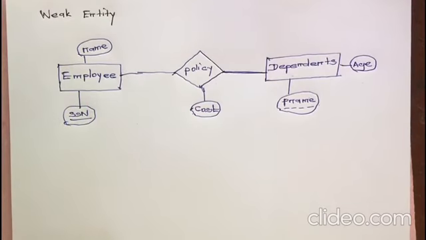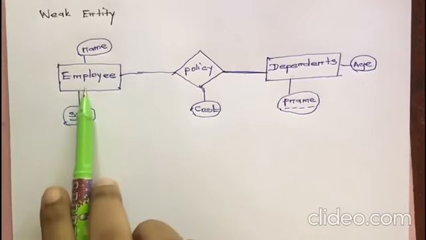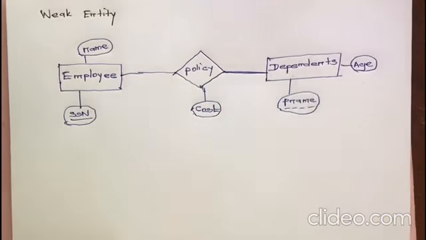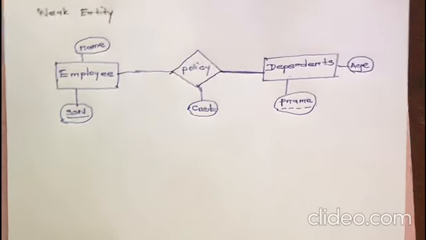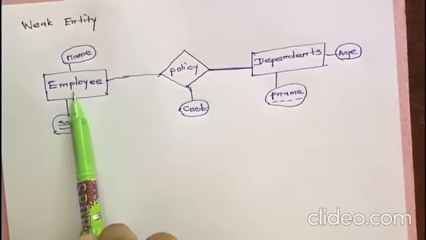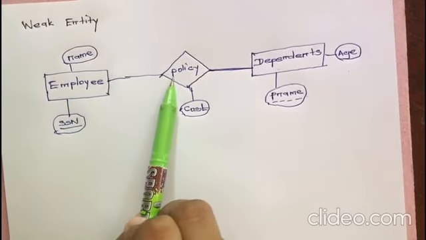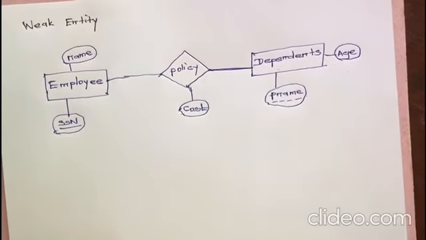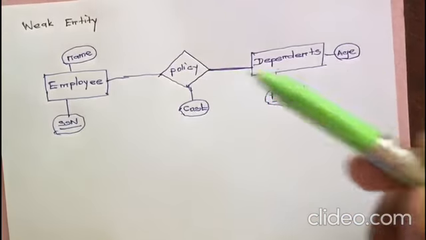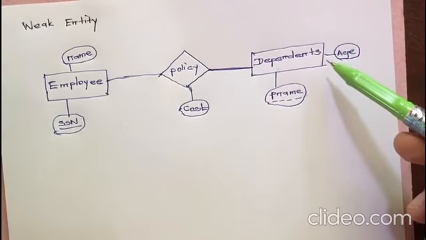Now we are going to learn about weak entity. Here, an employee purchases a policy for the dependent, like a father purchases a policy for his son. If the employee purchases a policy, in the database we need to record all the information about the policy and the dependent.